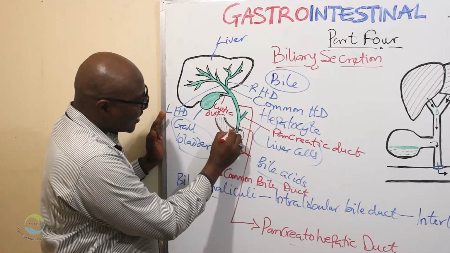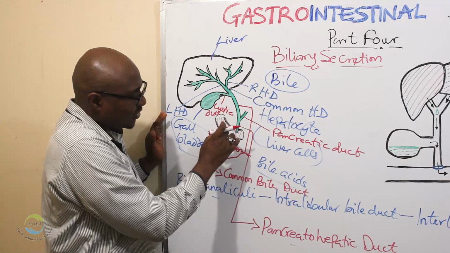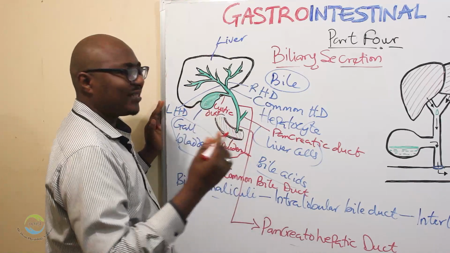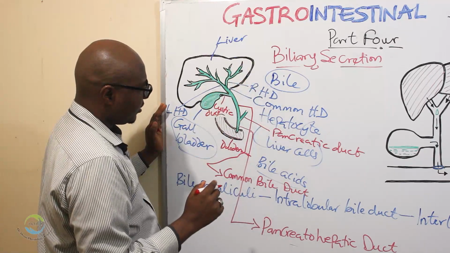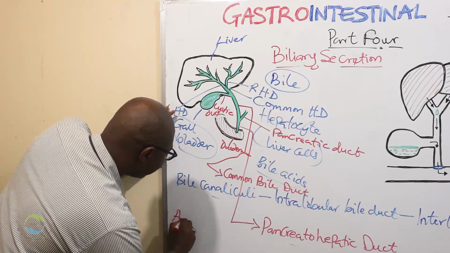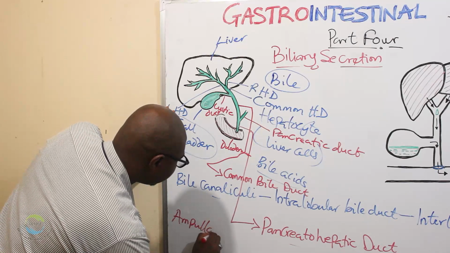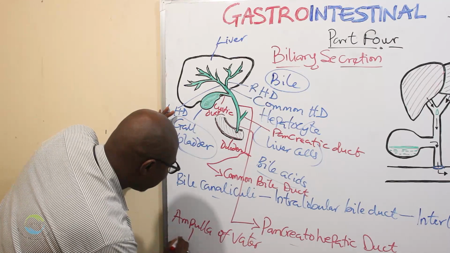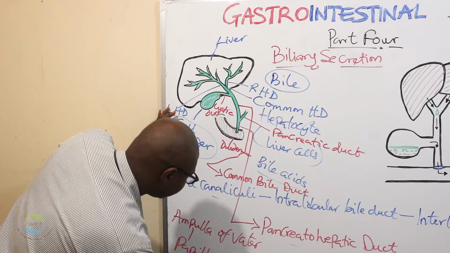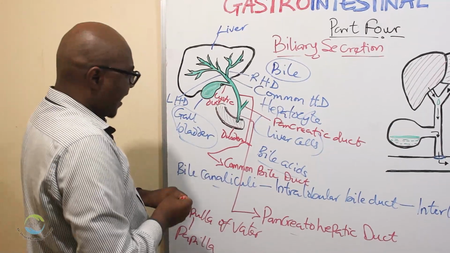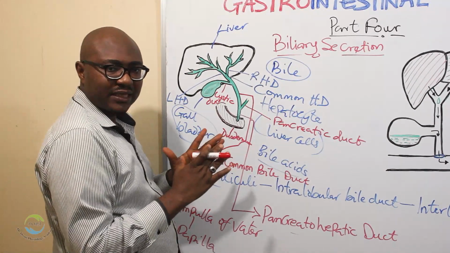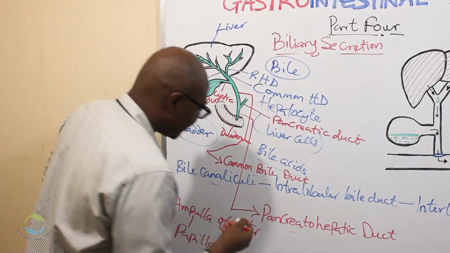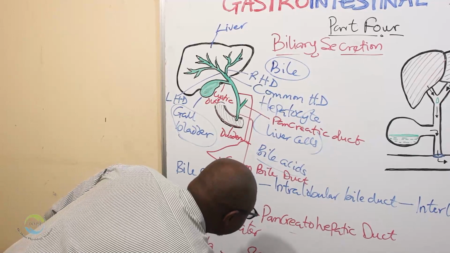So this point where it opens into the duodenum is a little bit widened, and that is called the ampulla of Vater. We mentioned it in part 3. Sometimes this is called the papilla of Vater. And there is a sphincter there that controls the movement, the secretion. And that sphincter is called the sphincter of Oddi.